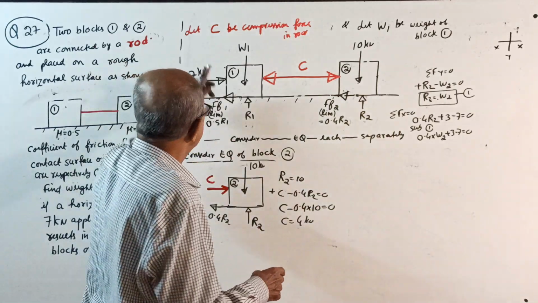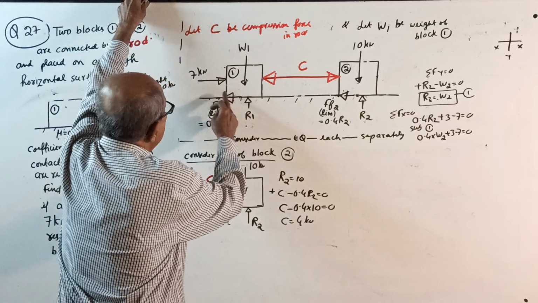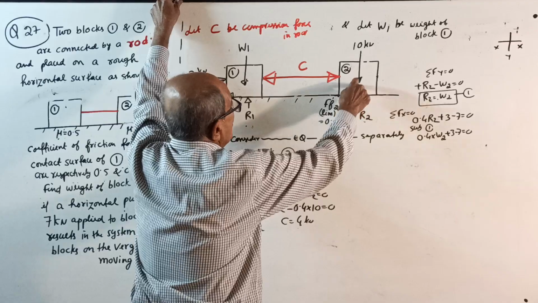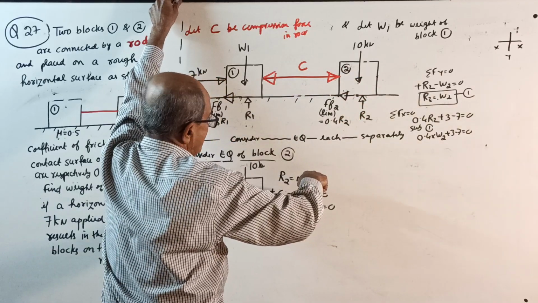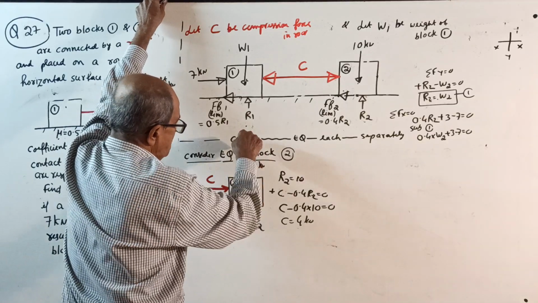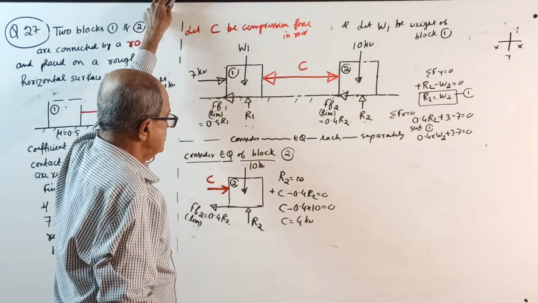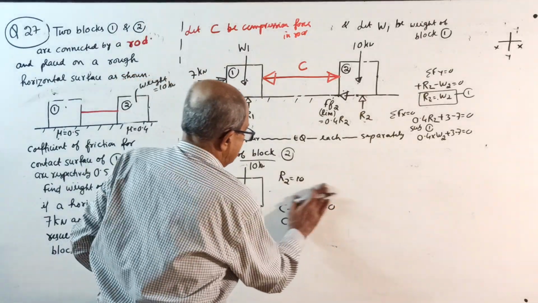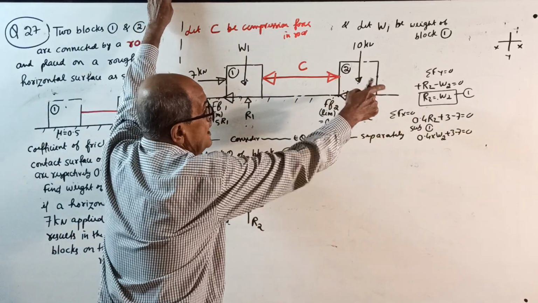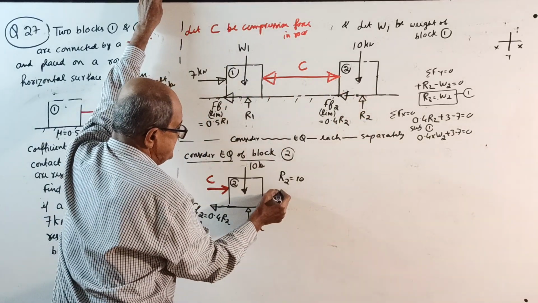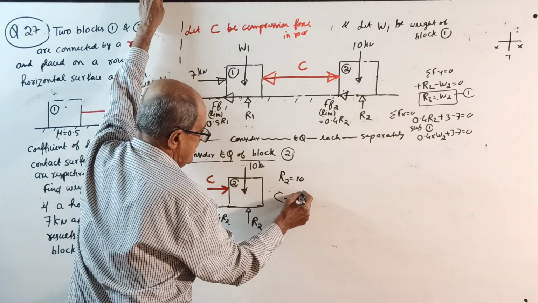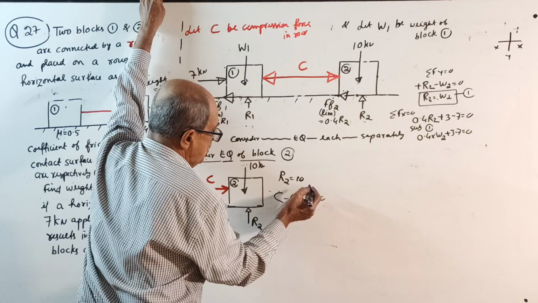Just a minute. I'll check once again. R1, 7 kilonewton compression. C, 10. I'm considering this block. So, R2 minus 10 equal to 0. So, R2 will come 10 kilonewton, correct? Then, if I apply force there, then C comes 3. Then sigma Fx equal to 0, we get plus C minus 0.4 R2 equal to 0.